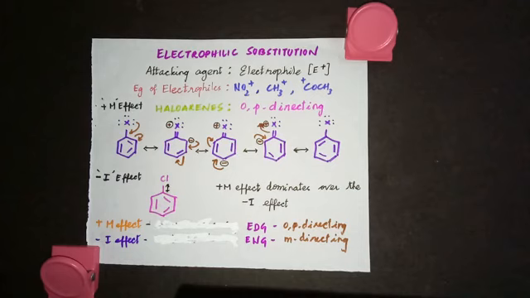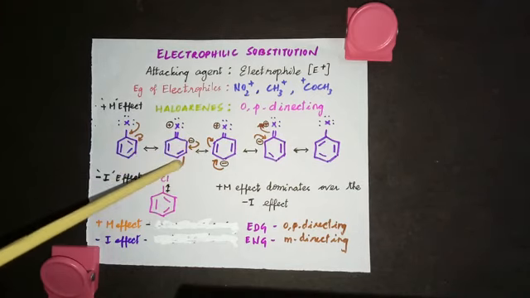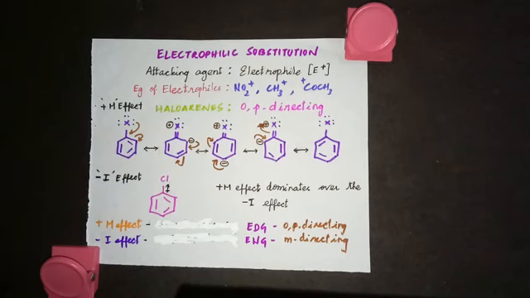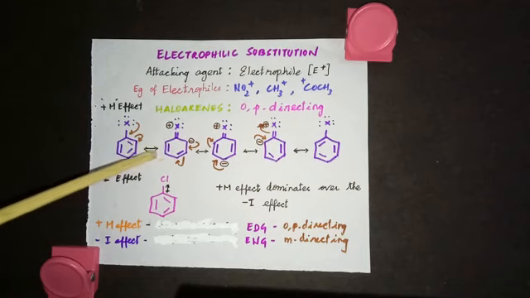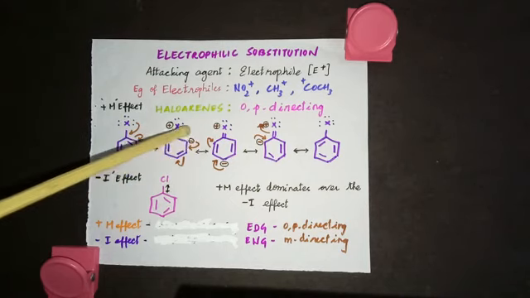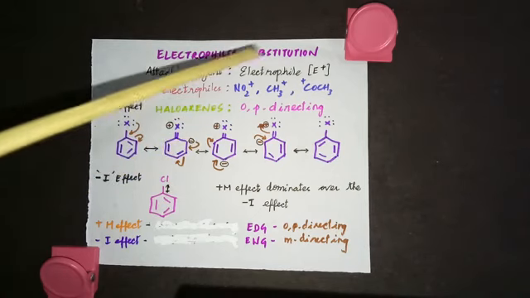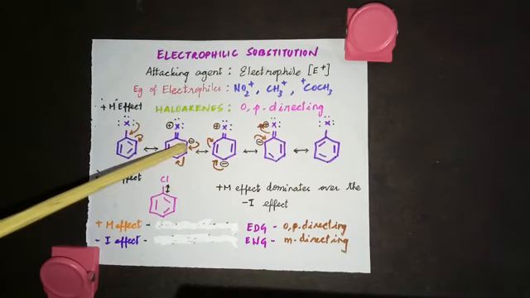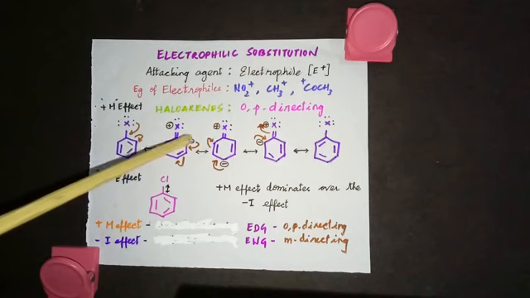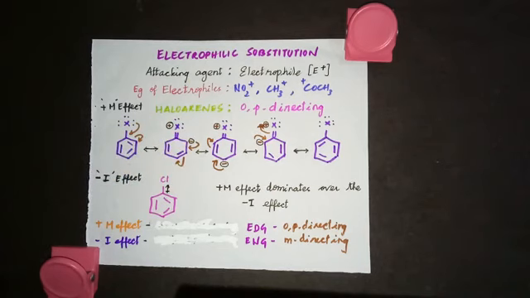When the electrophile comes here, you have negative charge in the ortho and para position but not in the meta position. So E plus, which is the electrophile, will prefer negative or without any sign? It will obviously prefer the negative position. So this electrophile will come and substitute itself in the ortho or para position but not in the meta position.